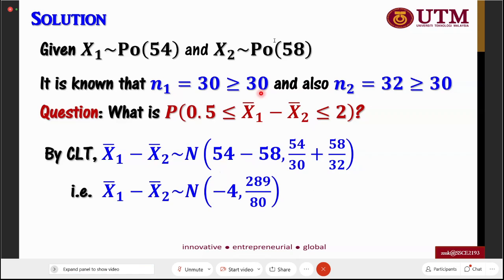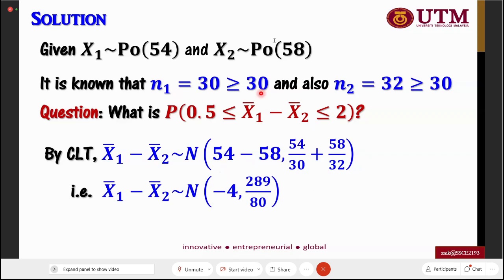When it is negative, it means potentially x bar 1 can be smaller than x bar 2. That's why you get a negative value for the mean. But you can never have negative variance, please. That will be very wrong.